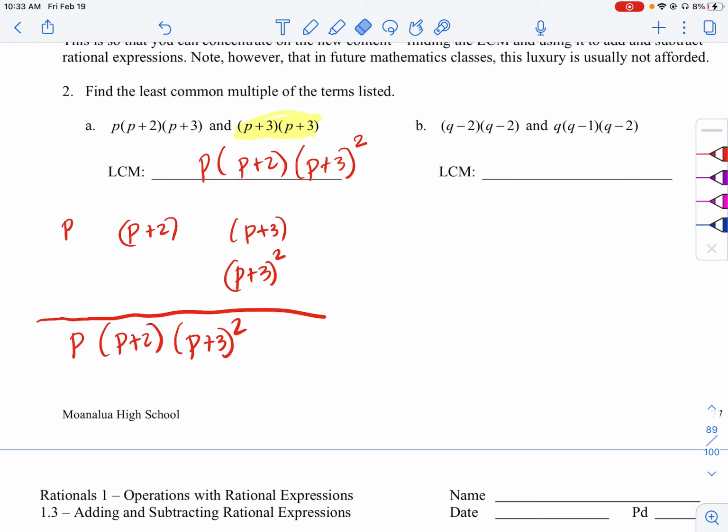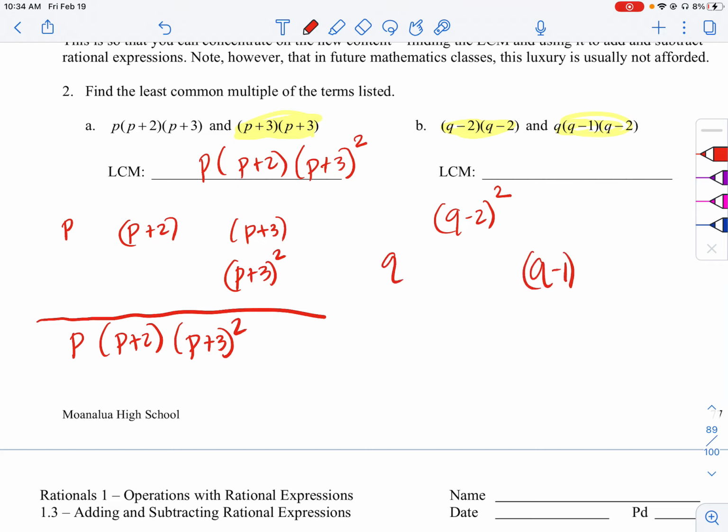Moving on. We are going to look at this. We have q minus 2. Again, you cannot break that, like write the q on one line and the negative 2 on the other line. You cannot, because q minus 2 is together. That is one factor. But I have 2 of q minus 2, so I can write squared. And then at the bottom, let's write q in the corner.